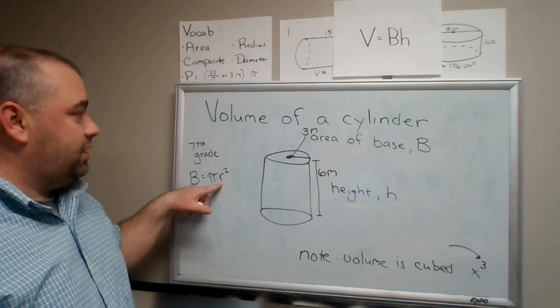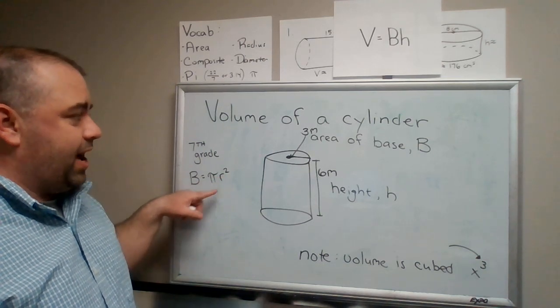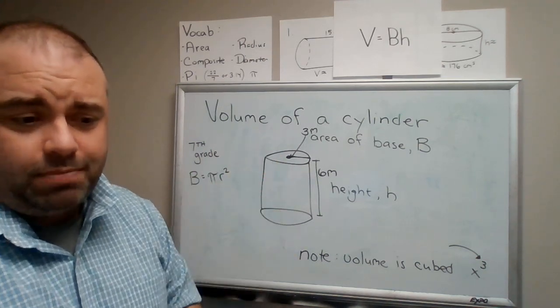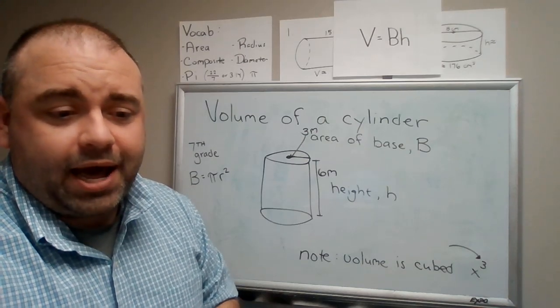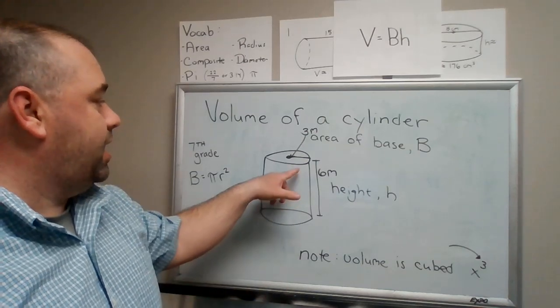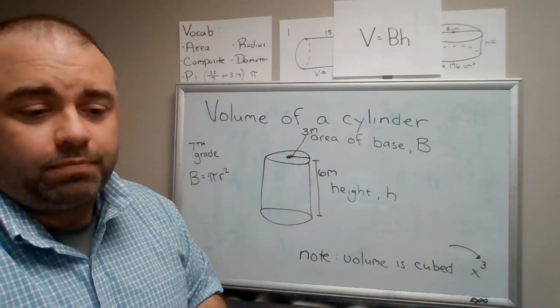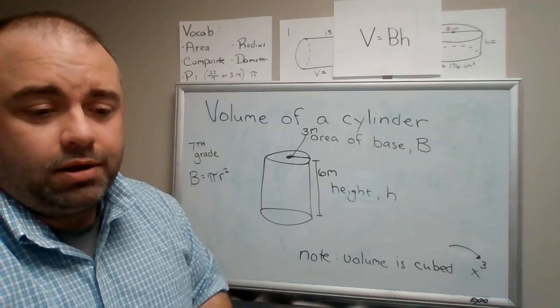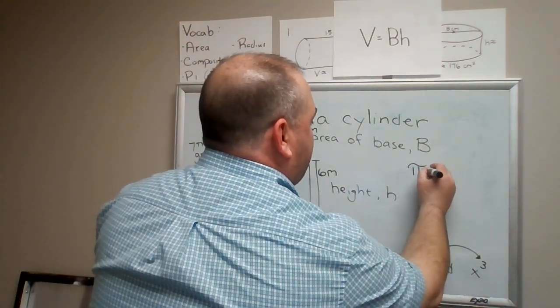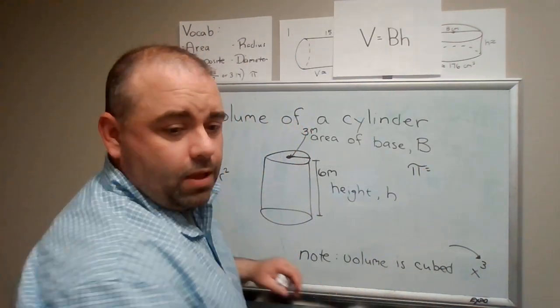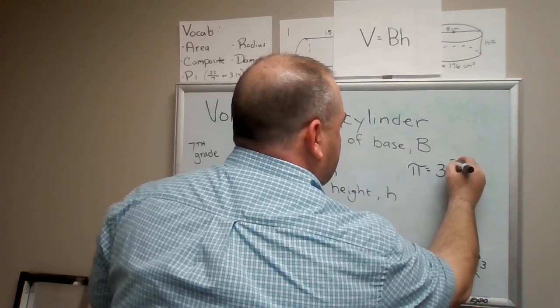So we have to go radius squared times pi. 3 times 3, anybody know? Probably 9, right? So we got 9, and we're going to multiply it by 3.14, and we're going to end up with our answer. So here, let's set it up now. So I'm going to go pi equals 3 squared.